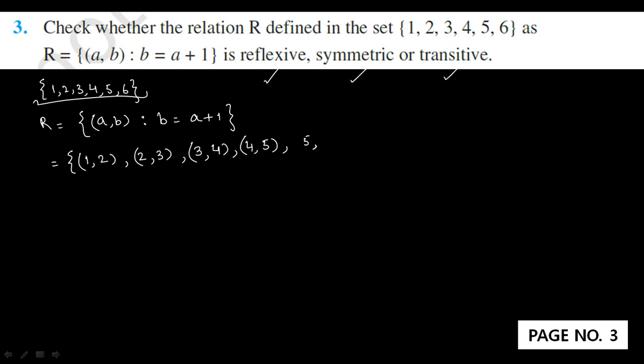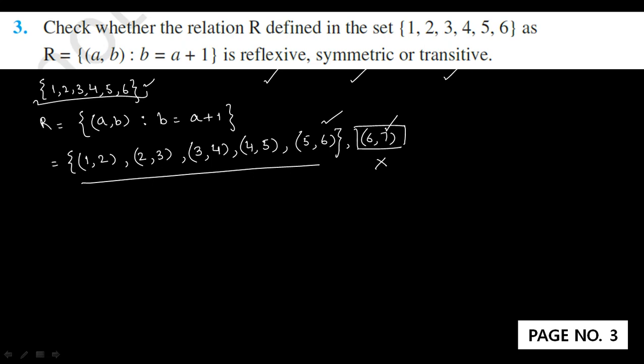Then 5 and 6. If I insert 6, answer is equal to 7. But this pair will not be there. Up to this point, it's okay. 7 is not there inside this group. That's why we can't consider 6, 7. Only these values are there.